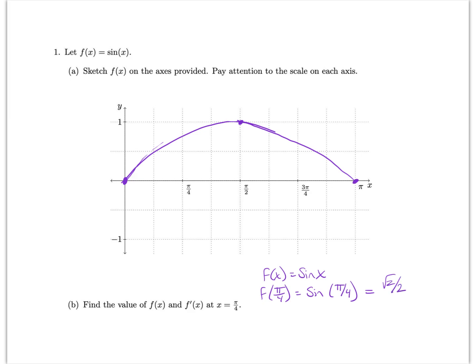And then f prime of x would be cosine x, because the derivative of sine is cosine. So f prime of pi over 4 is the cosine of pi over 4. And again, I'm looking at the unit circle. Pi over 4 is 45 degrees. That's also root 2 over 2.